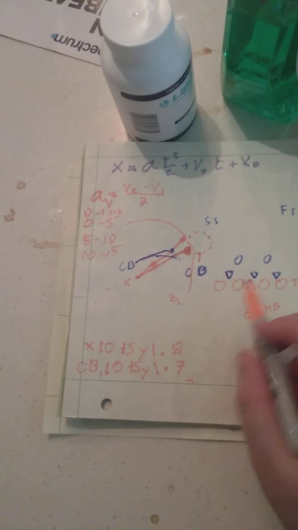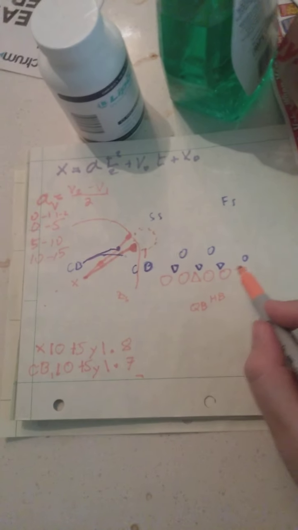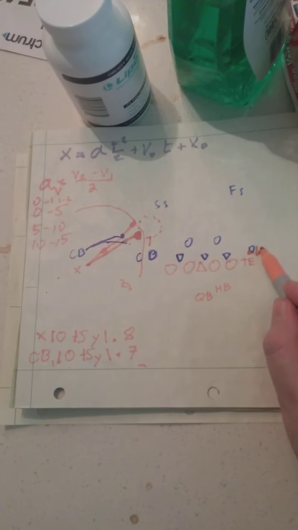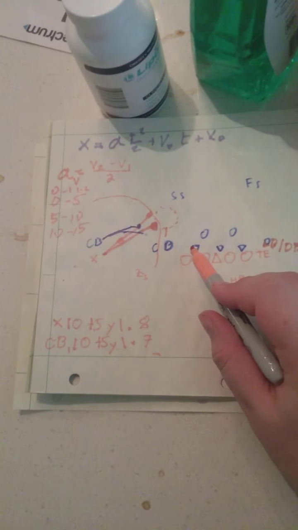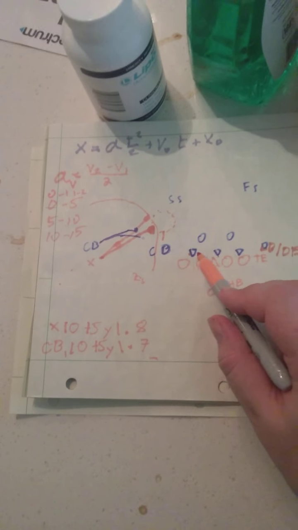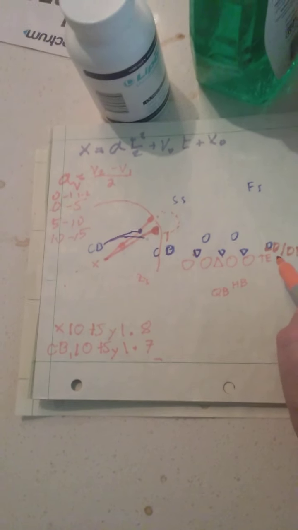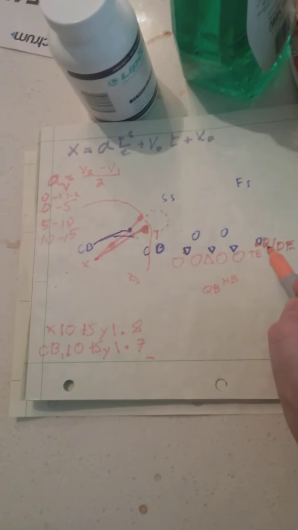Okay, so what you have here is kind of like a nickel, where this is like a linebacker or defensive end. These are like defensive tackle, maybe defensive end, tackle, defensive end. And then you have a power rushing linebacker.